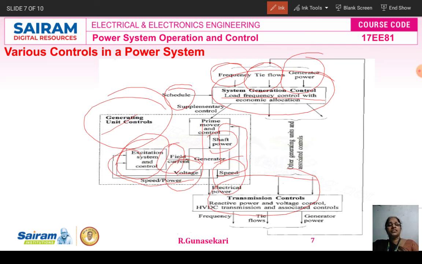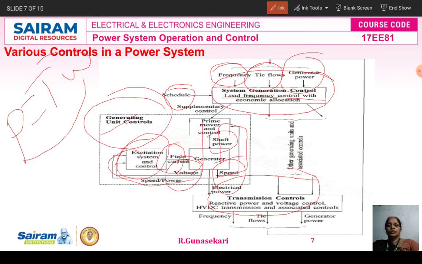The speed is directly proportional to power, because the power P is equal to torque into omega. This is the general formula. Omega is the angular velocity, that is the speed. So the speed is directly proportional to the power.